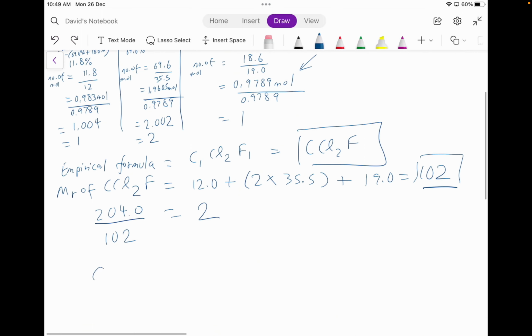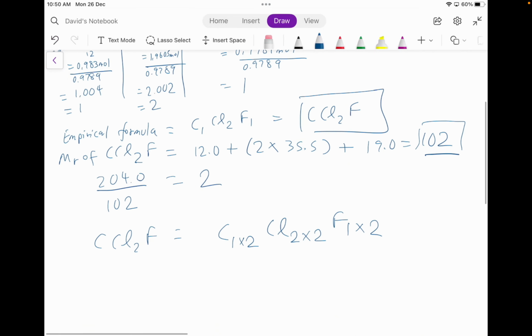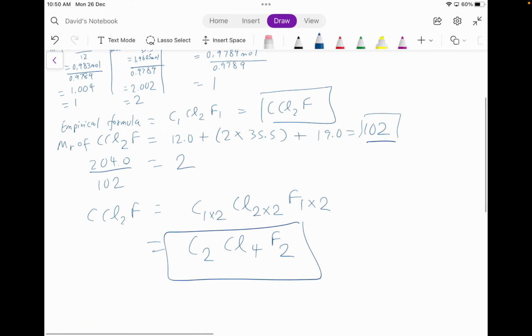So we have CCl2F. It becomes C1 times 2, Cl2 times 2, fluorine 1 times 2. Once you do that, you get C2, Cl4, F2. This is going to be your molecular formula.